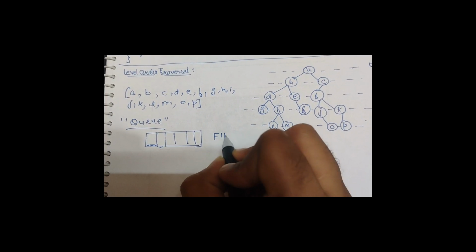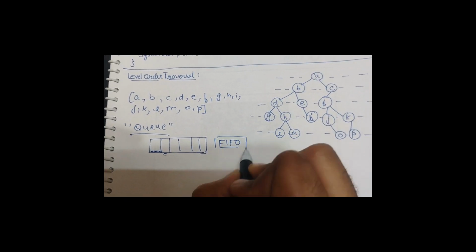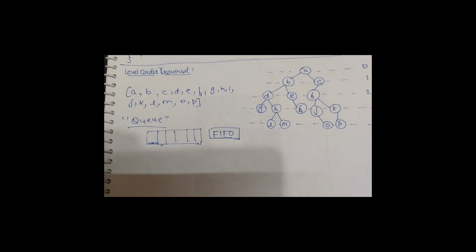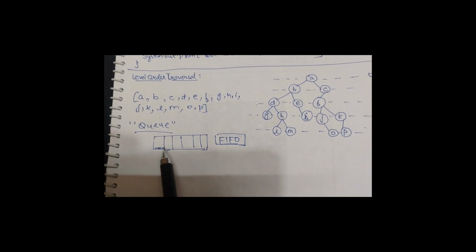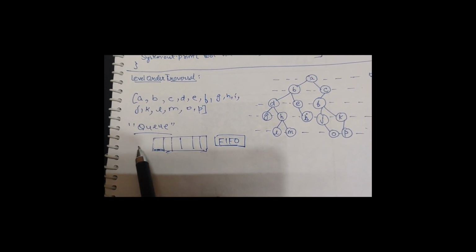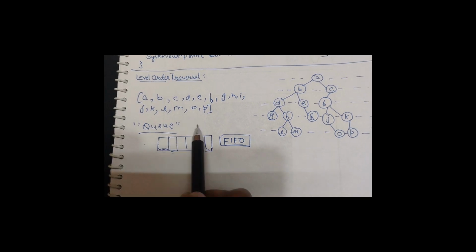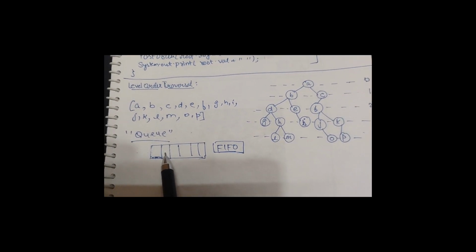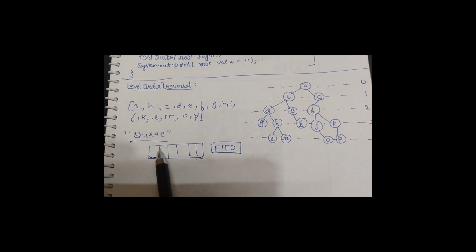So it is first in first out, FIFO. Sorry, I said first in last out, I correct that. The person who came first will take the ticket first and leave this queue. Similarly the person who came second will take the ticket second and leave.